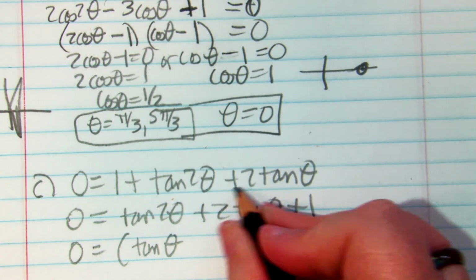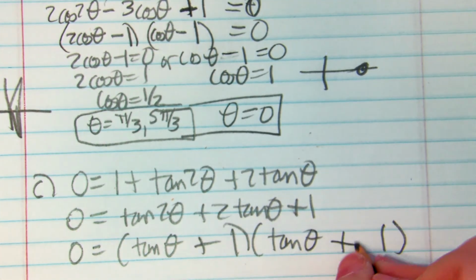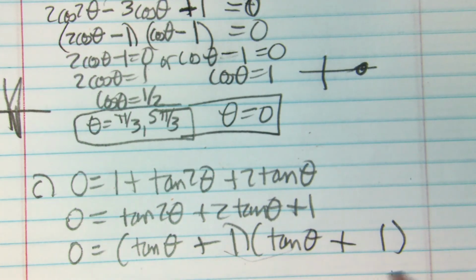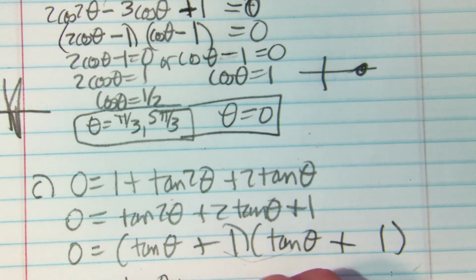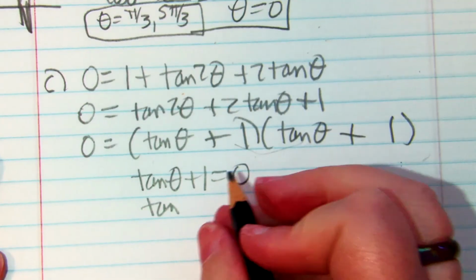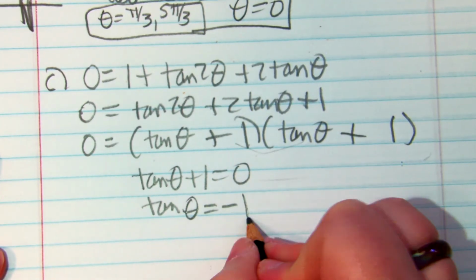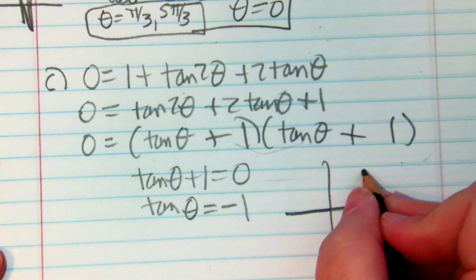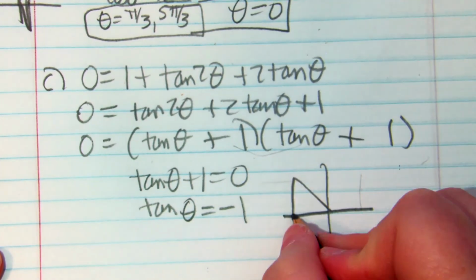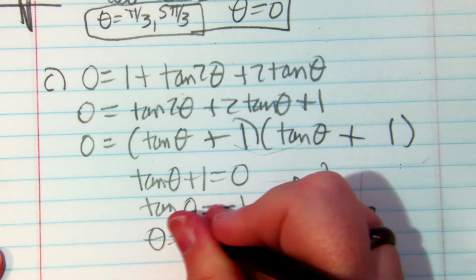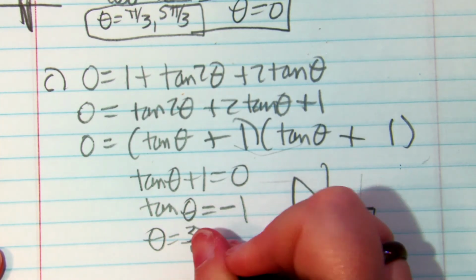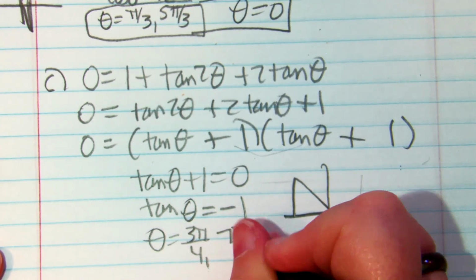They're both positive. Tangent theta plus tangent theta is 2 tangent theta. These are the same, so tangent theta plus 1 equals 0. Tangent theta equals negative 1. Tangent is 1 at pi over 4. Negative 1 here and here. So theta equals 3 pi over 4 or 7 pi over 4.